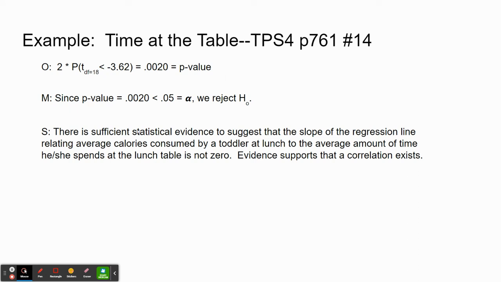There is sufficient statistical evidence to suggest that the slope of the regression line relating average calories consumed by a toddler at lunch to the average amount of time he or she spends at the lunch table is not 0. Remember I said we had to restate the relationship we're trying to get at. And if it's a 0-or-not case, it's nice to say whether there's a correlation or not. Evidence supports that a correlation exists.